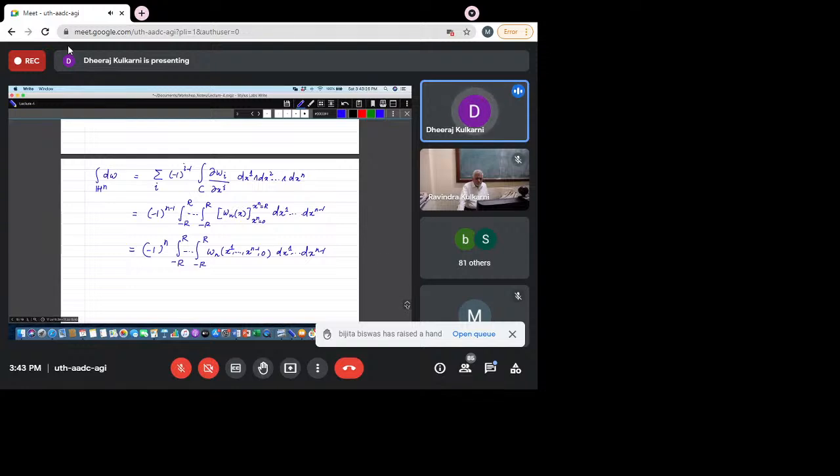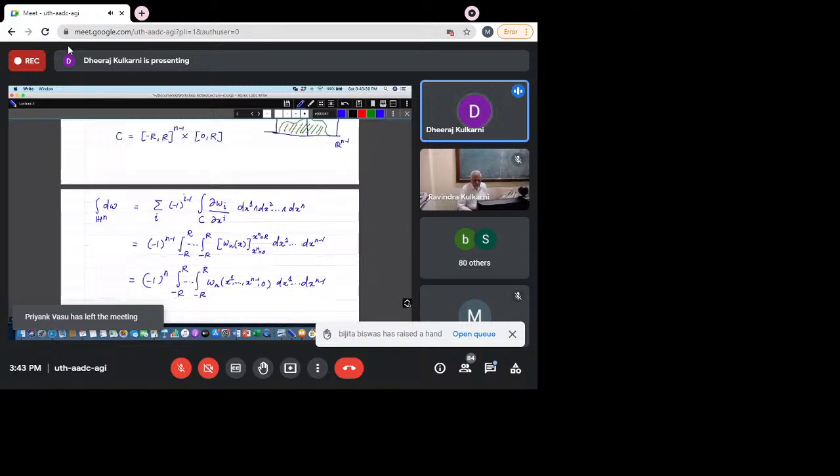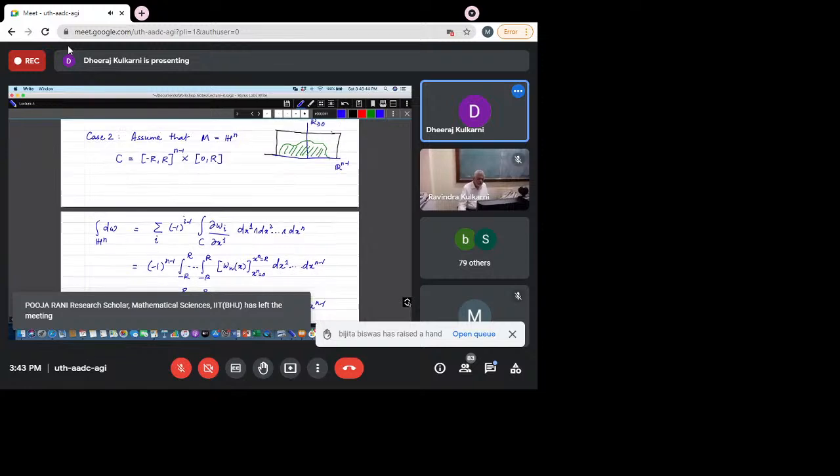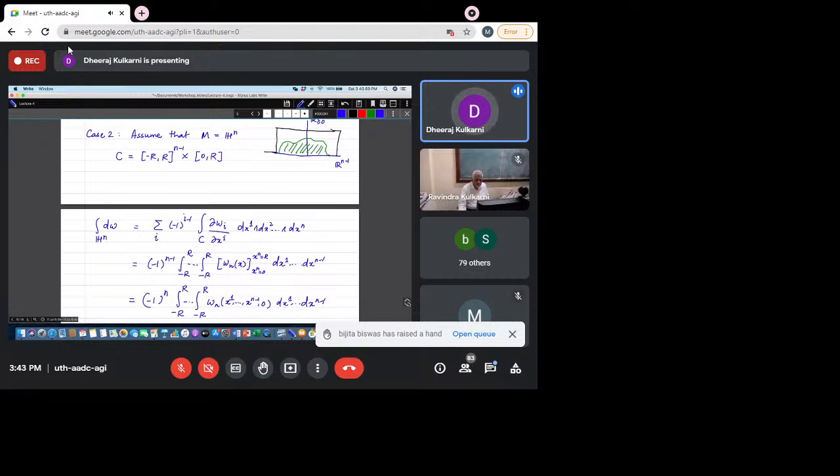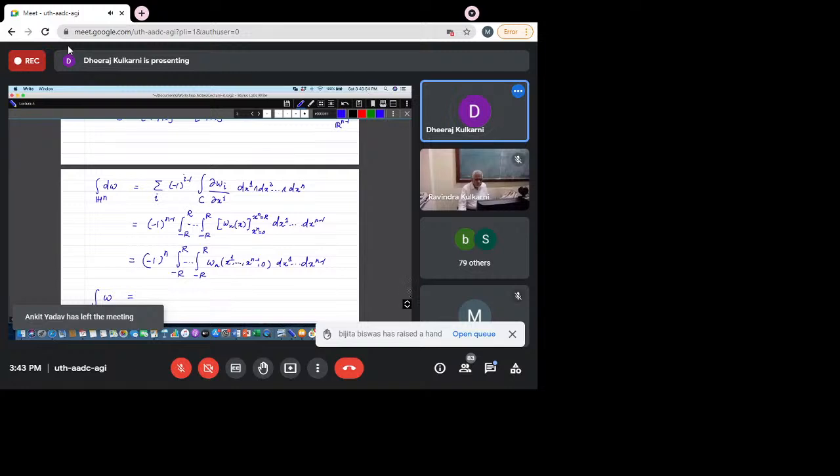If you work out the term omega acting on the boundary of H^n, it will coincide with this term. So this is just a computation. The main thing is that only in the last coordinate does the term survive. For the rest of the coordinates, the terms are 0.